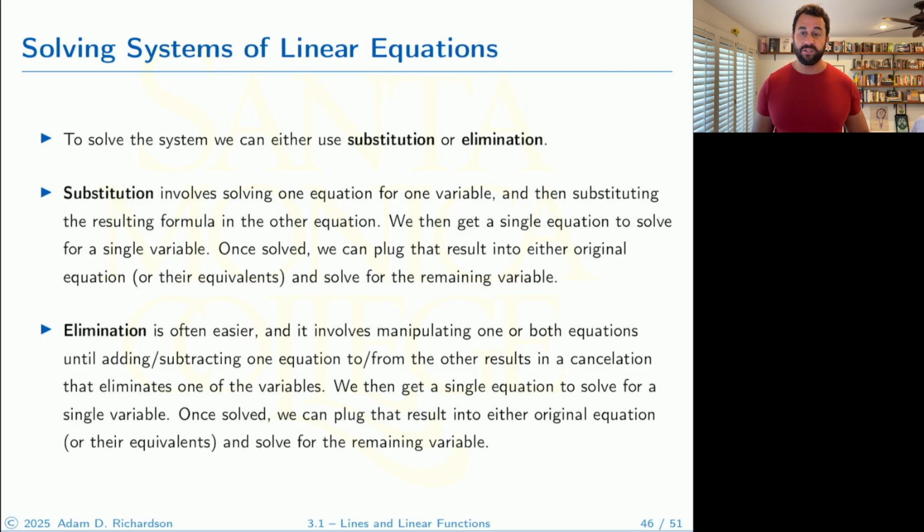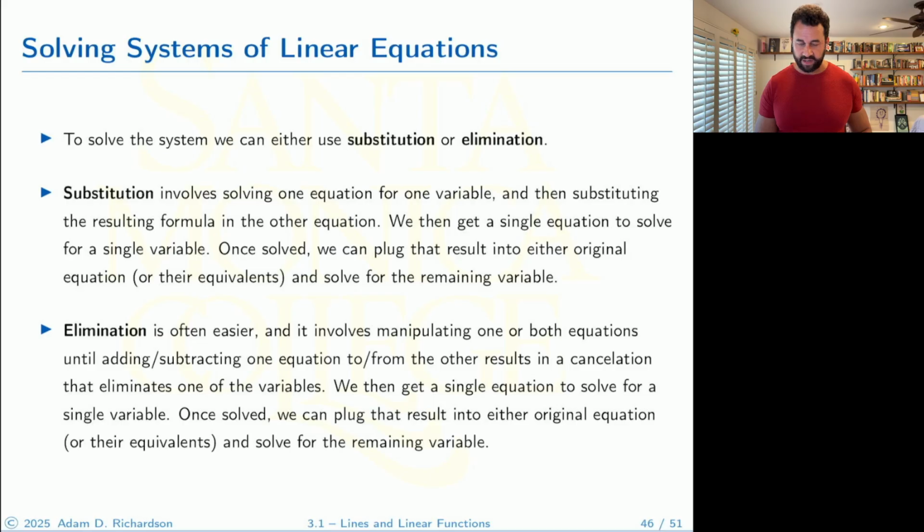So how are we going to do this? What is the process? Some of you may have seen this before in a previous math class. There are essentially two ways we're going to explore. One of them is called substitution, and the other one is called elimination. Let me run through what goes on in those two cases. Substitution involves solving one of the equations for one variable and then substituting the resulting formula in the other equation.